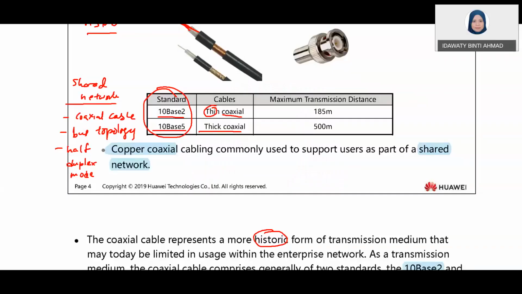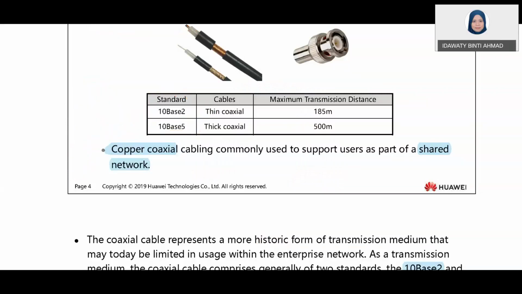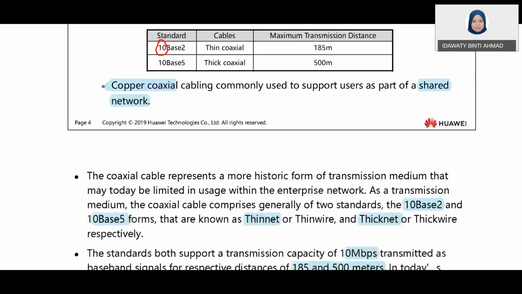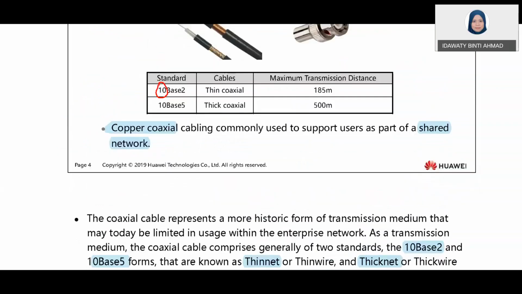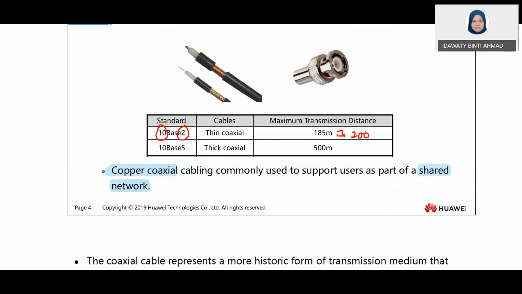So it's mentioned here that 10 means 10 megabit per second. 2 here means almost 200 meters you can use this type of cable.